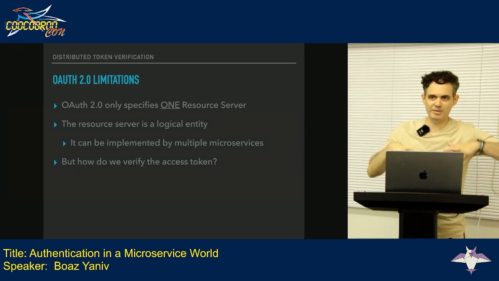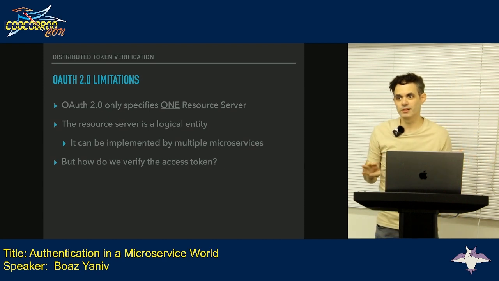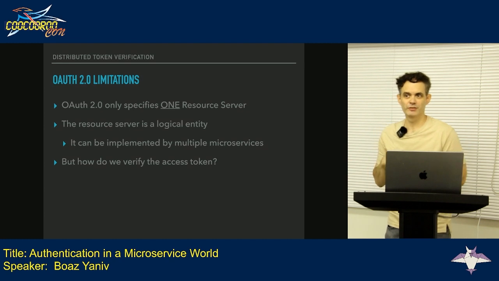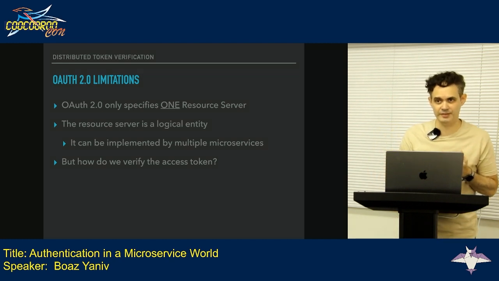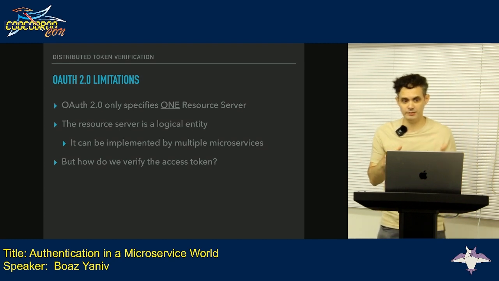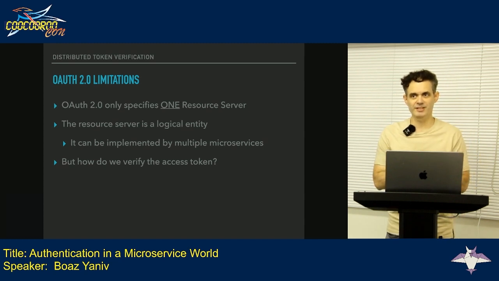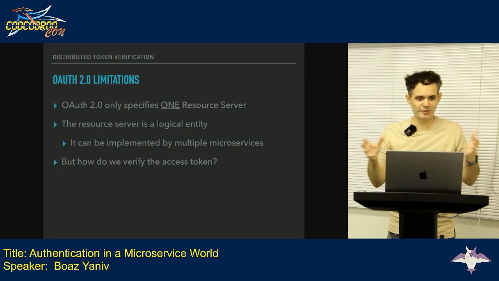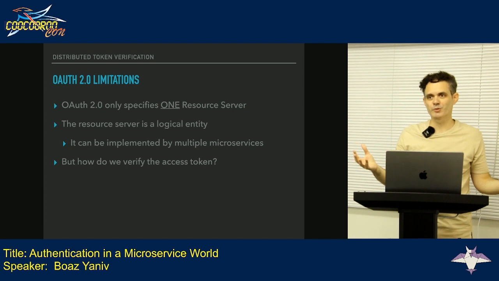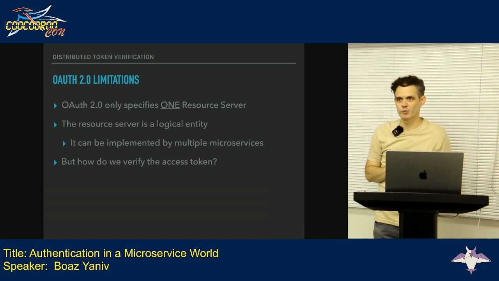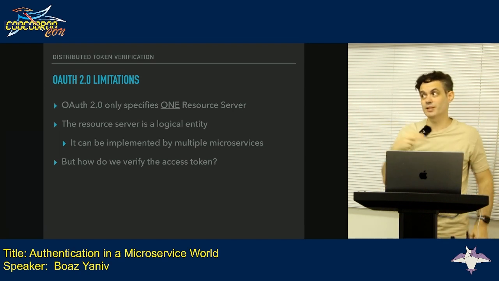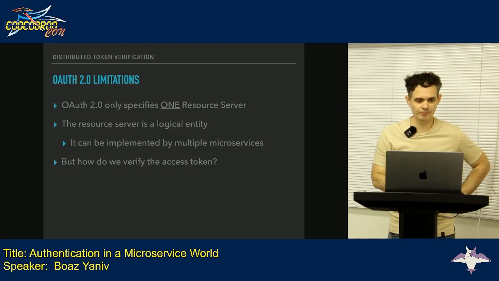Now, the servers in OAuth are a logical entity. Like in many implementations, the authorization server and the resource server are the same. And in theory, there's nothing that says the resource server can't be multiple microservices that are all counted as the same resource server, and we send the same token to them.